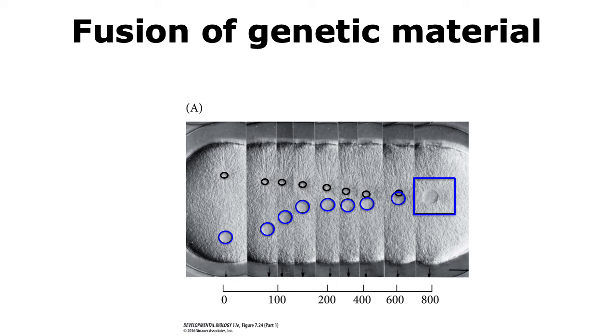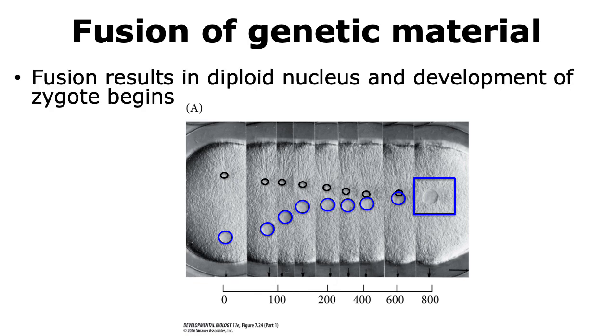And once fusion happens, now you have a zygote. This fusion results in a diploid nucleus, and now the development of the embryo can begin. And with this, we come to the end of the fertilization process that happens in sea urchins.